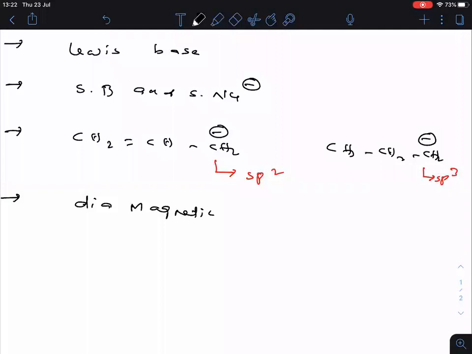Hope you people are copying all these things. Now, this is highly reactive because it is an intermediate. So the carbanion is highly reactive.